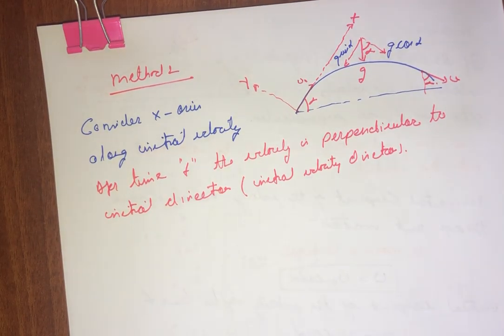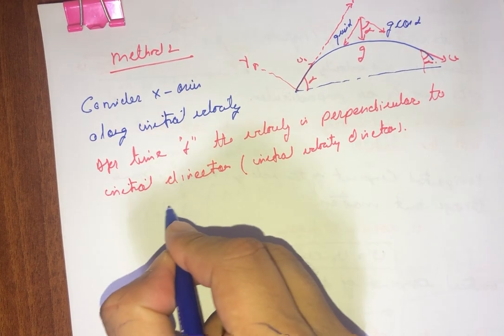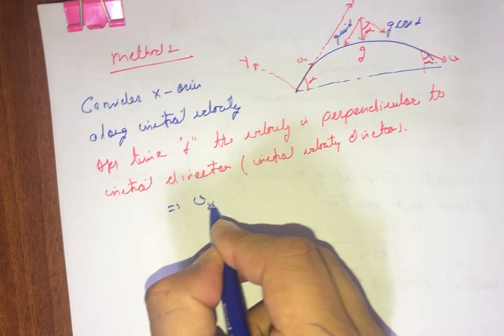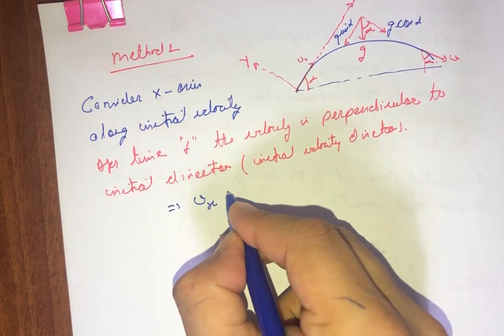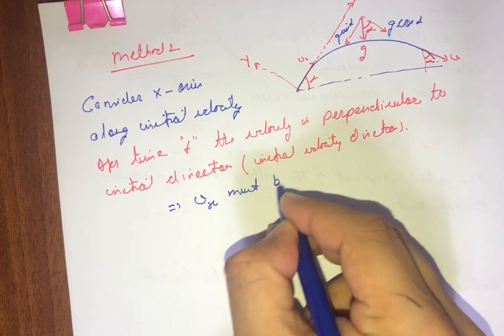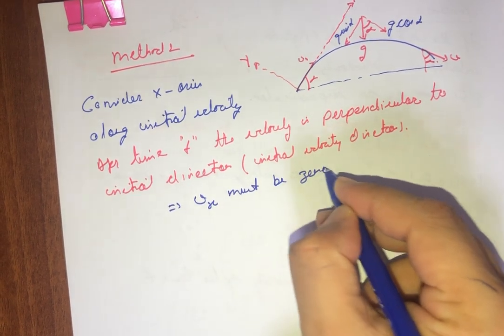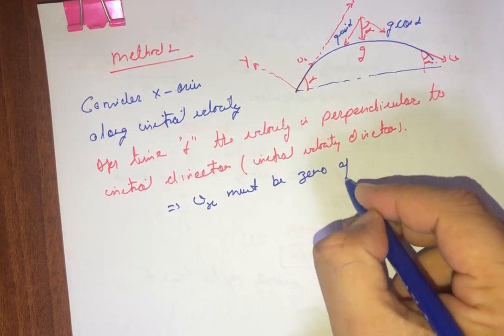So this means that Vx must be 0 after time t.